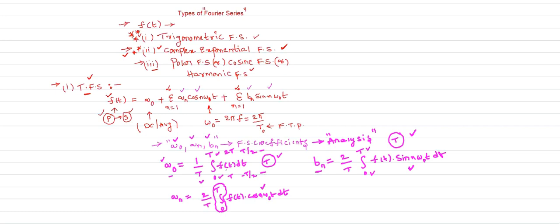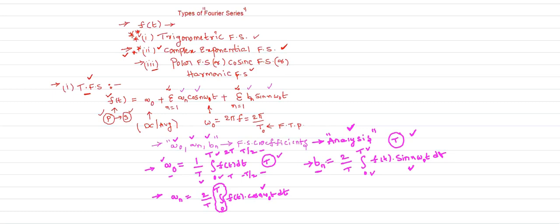So these are the Fourier series coefficients, and finding these coefficients a0, an and bn is nothing but the analysis. That's why a0, an and bn equations are called analysis equations.